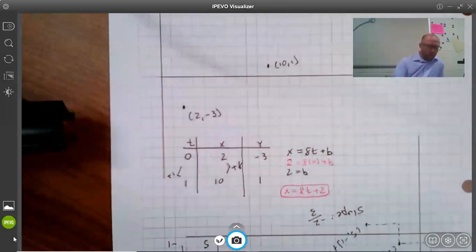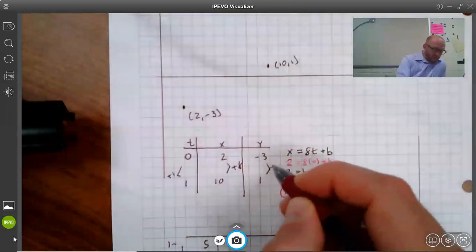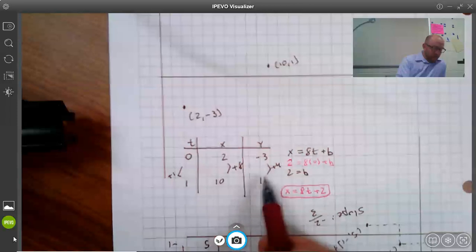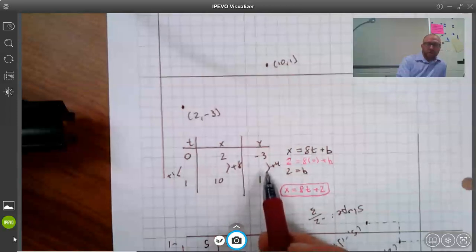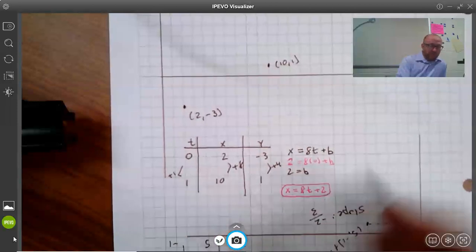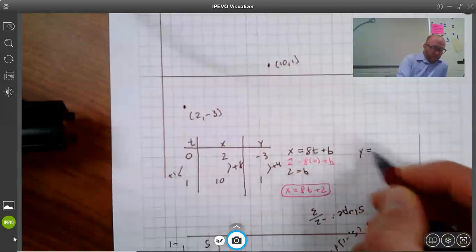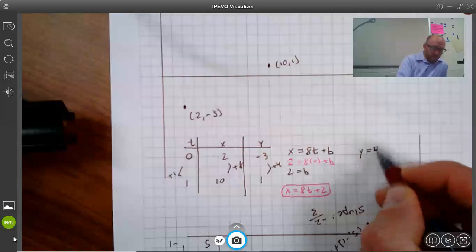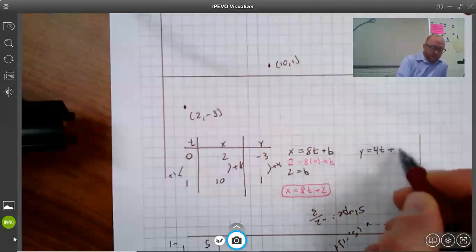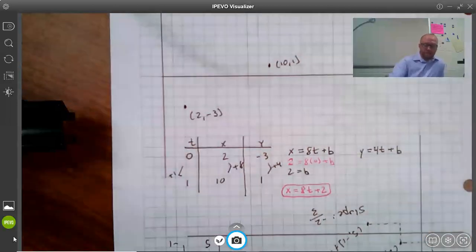So let's go for the y side. Our increase here is +4. That's a y increase of 4 units for every 1 unit of increase in t, which means that our formula will be y equals 4t, but then it's going to be plus or minus something.